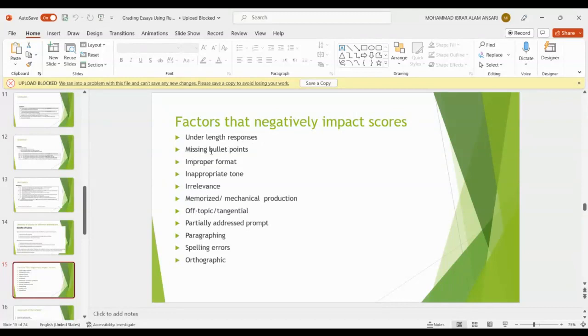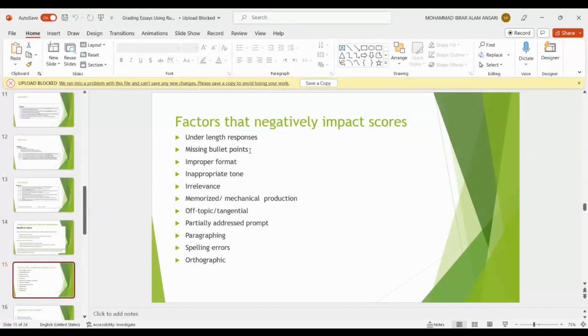If the students have not addressed some of the bullet points, maybe he has addressed most of the bullet points, but not some, again he is going to lose some marks here.